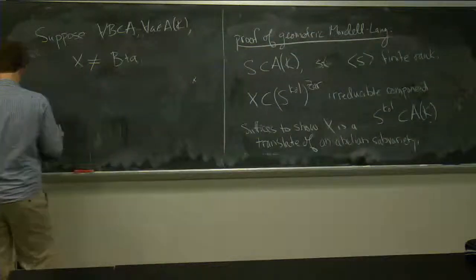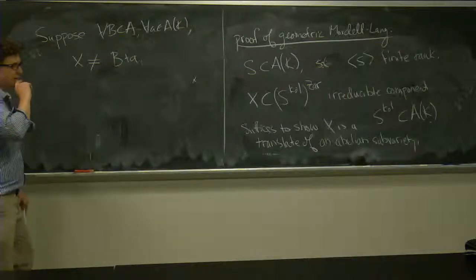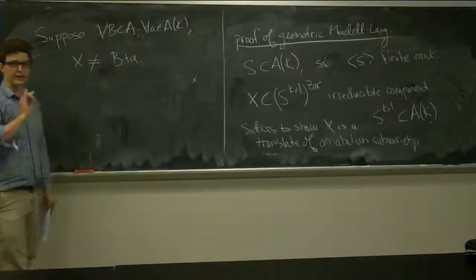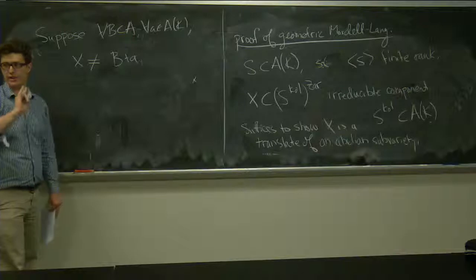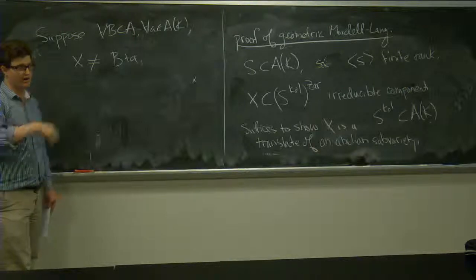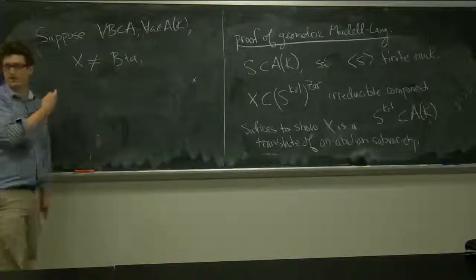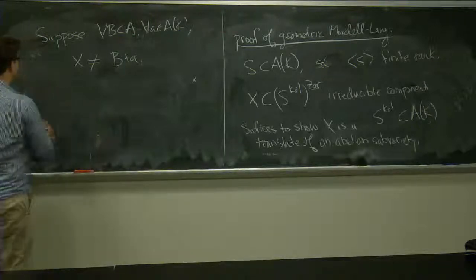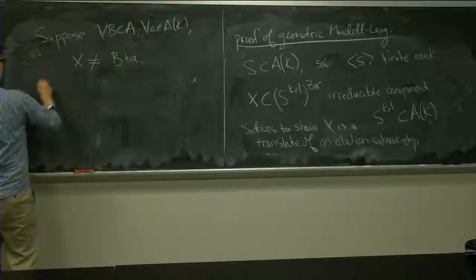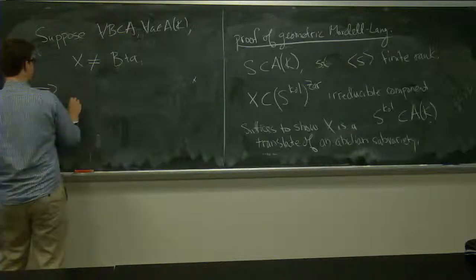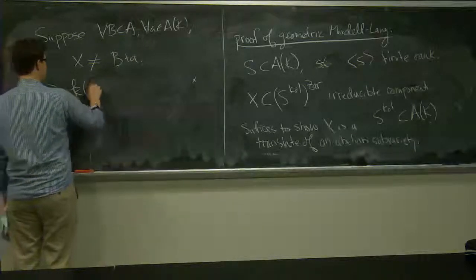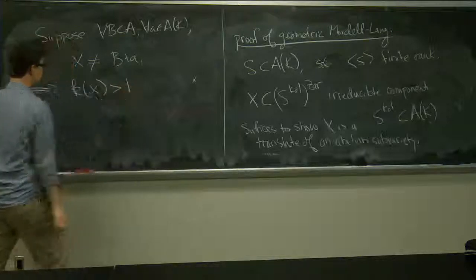Like I said, everything that has Kodaira dimension 0, which is a subvariety of an abelian variety, is an abelian variety itself. So we know in particular that this has positive Kodaira dimension. So this condition here implies that the Kodaira dimension of X is positive.